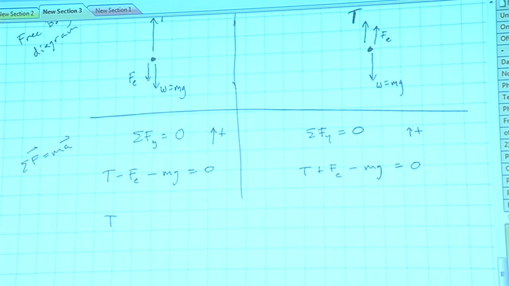So what do we have? The tension is going to be the weight plus the electric force for A. And for B, the tension is the weight minus the electric force. And the electric forces, how do they compare? Magnitudes. They're the same, right?